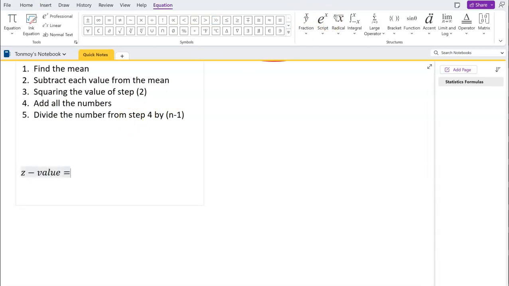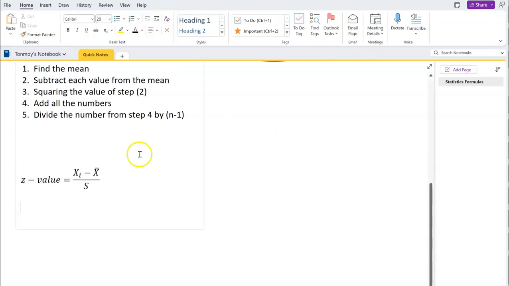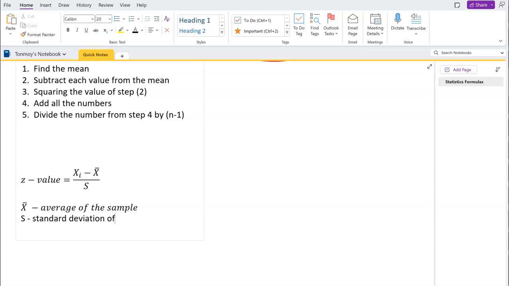So a z-value is basically just x_i minus the mean value, divided by s, where x bar is the average of the sample and s is the standard deviation of the sample.